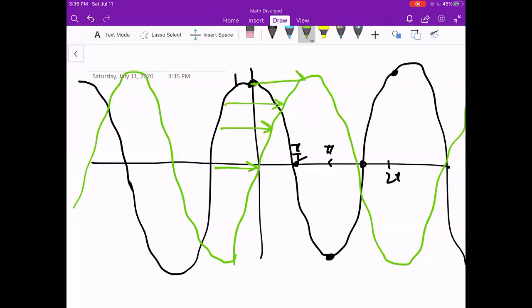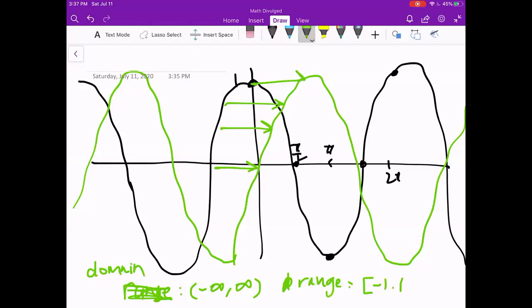So the graph of cosine is very similar to the graph of sine in that the domain of it is from negative infinity to infinity. And the range is from -1 to 1.